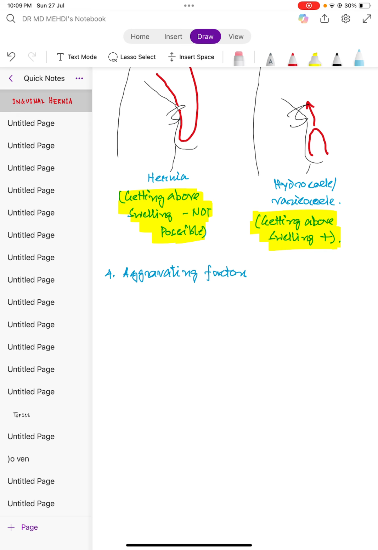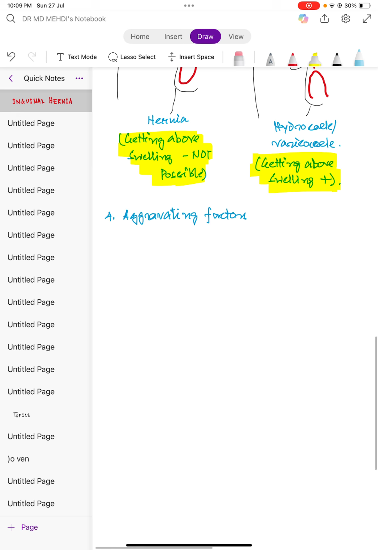What are the aggravating factors? Main aggravating factors are any factor which will increase the intra-abdominal pressure, like straining. So when do you strain?